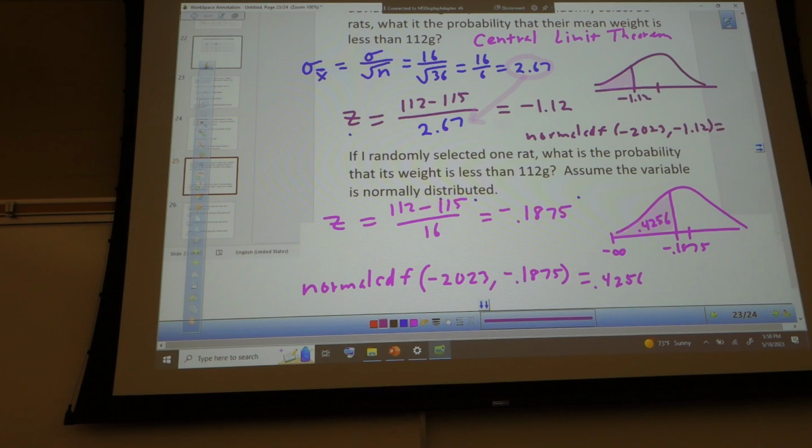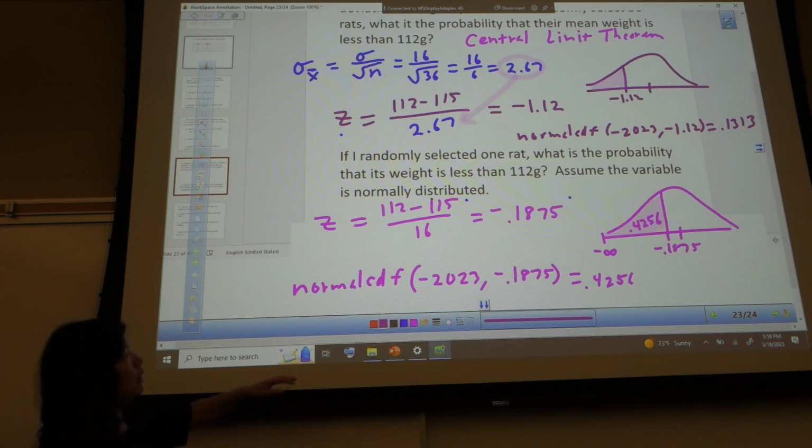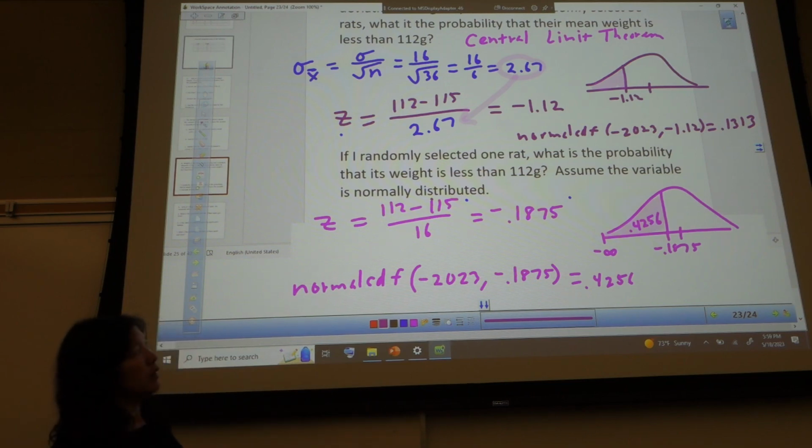What do we get? 0.1313. Yeah, 130 or 131, either one's okay. So that's much different. That's a much smaller area. A lot fewer people are below that than are below for one rat.